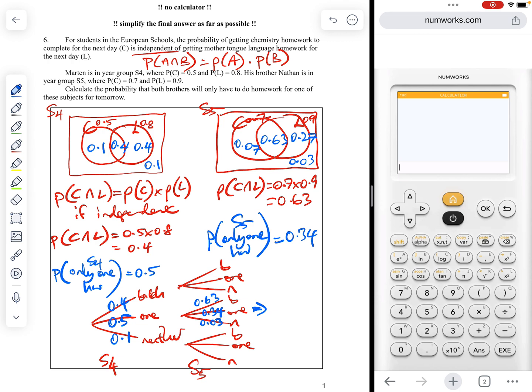So this is where we want our answer, 0.5 times 0.34, which gives us half of 0.34. Final answer, 0.17. A 17% chance that both brothers will only have to do homework for one of the subjects.